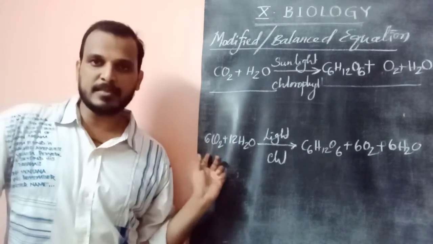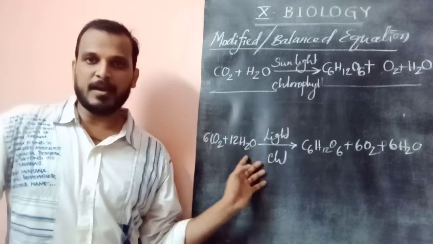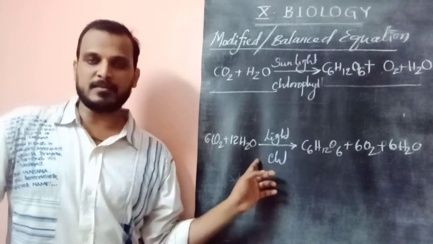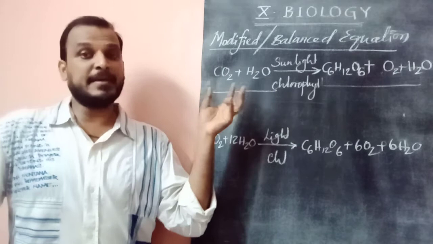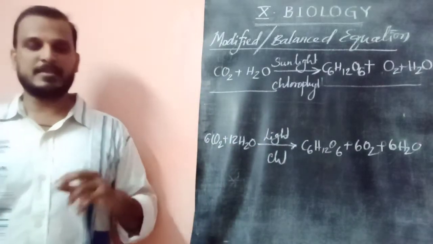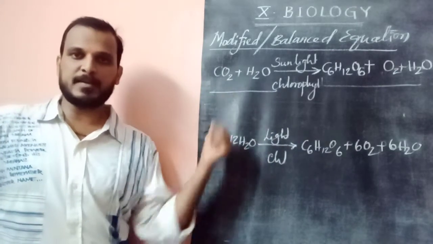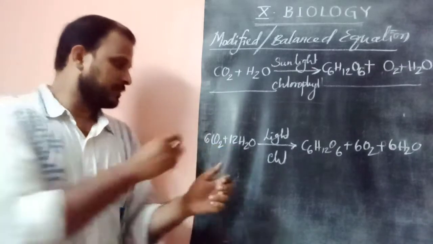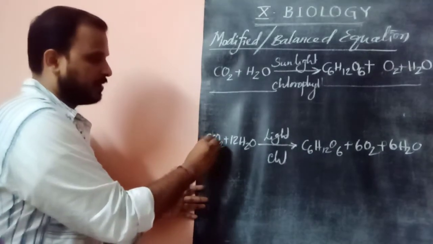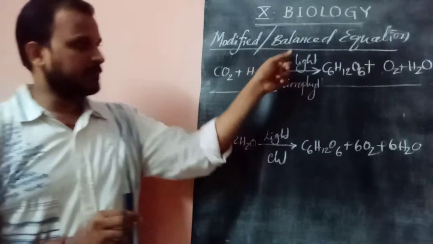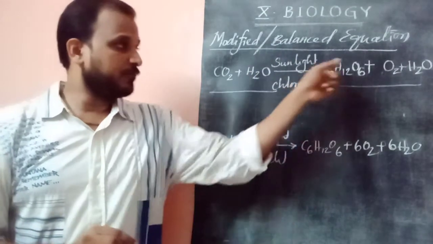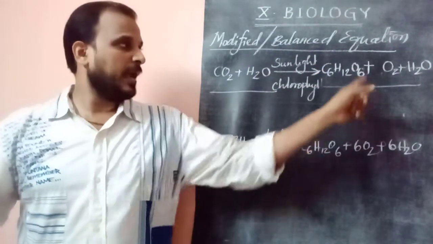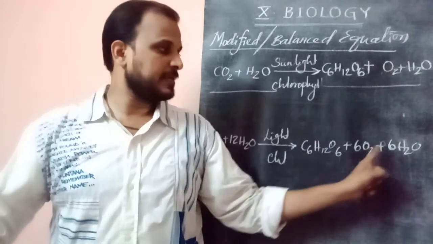Here carbon dioxide, CO2, and water. In the presence of light, there is no change in the materials participating, but they are balanced here. Carbon dioxide is participating. Yes or no? Carbon dioxide is participating. Water is participating. In the presence of sunlight and chlorophyll, food called glucose is prepared, and oxygen and water come as additional products.